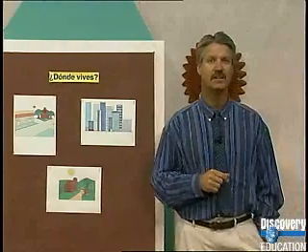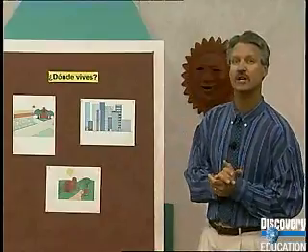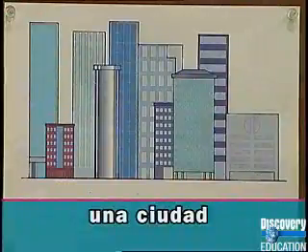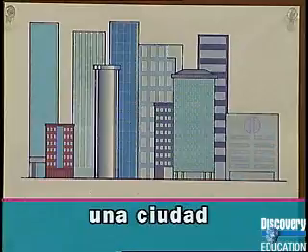But say you lived in a larger place with a lot more people. There are big buildings, a lot of people living and working in this place. You might, and if you did, you'd say, vivo en una ciudad. Vivo en una ciudad. See all the big buildings and things?